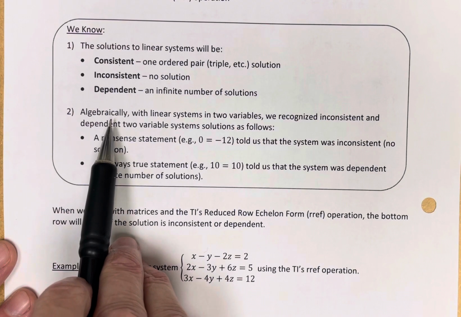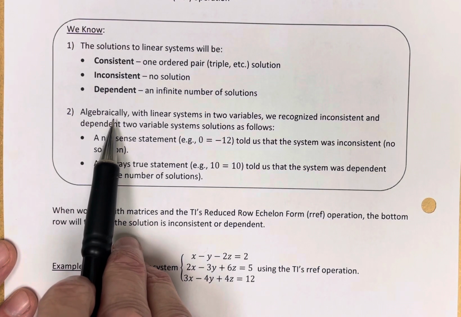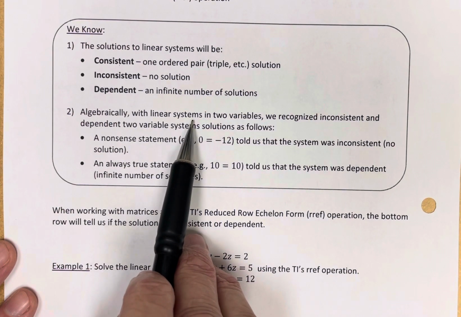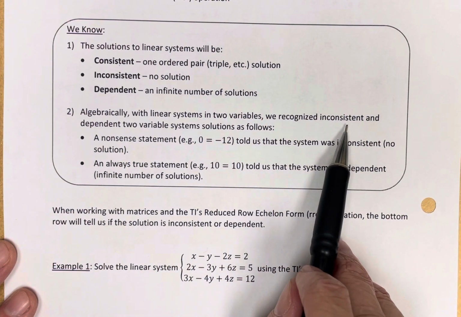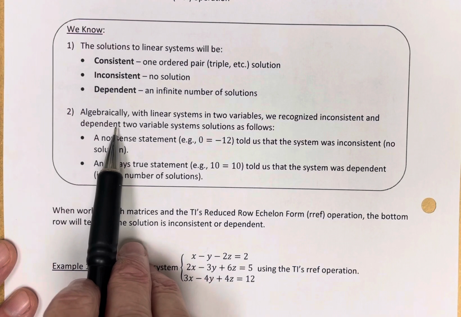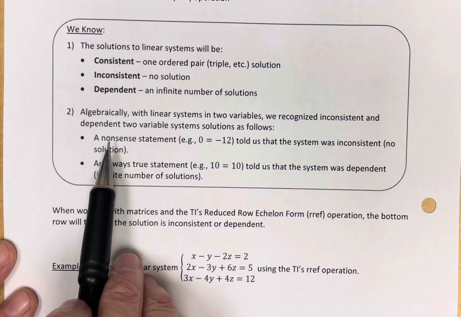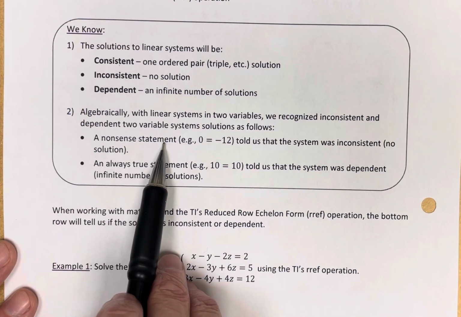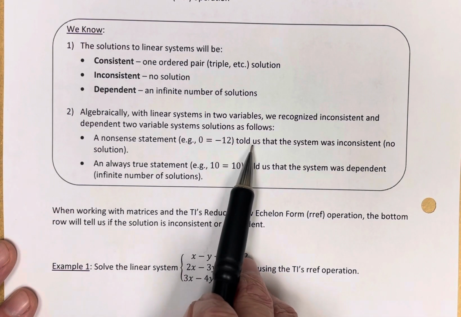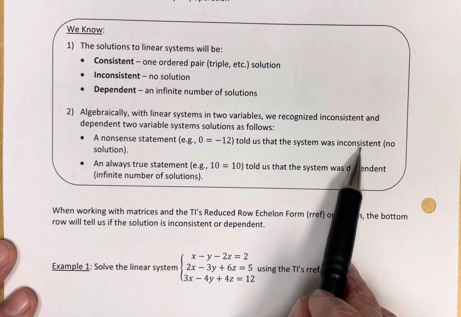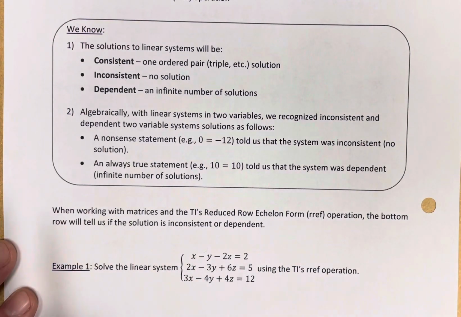So, algebraically, we worked with this in a previous video. We were dealing with linear systems in two variables. We recognized inconsistent and dependent as follows. If we ended up with a nonsense statement, for example, 0 equals negative 12, that told us the system was inconsistent. We had no solution.